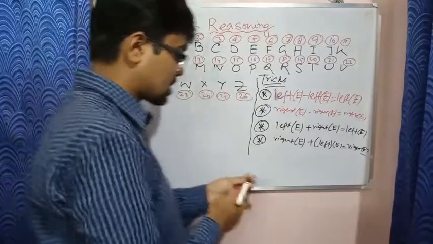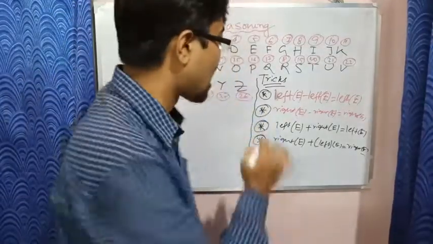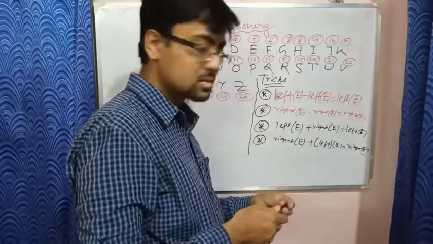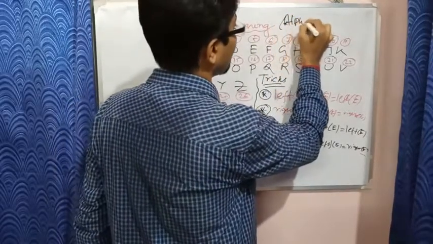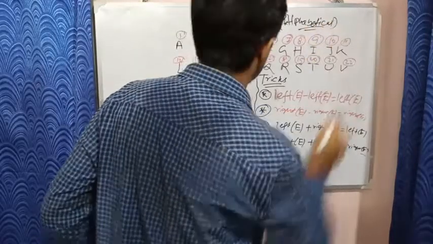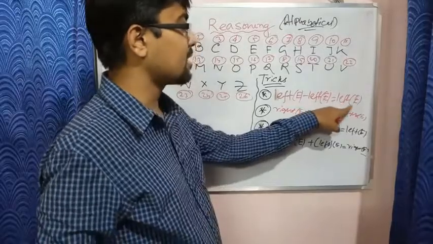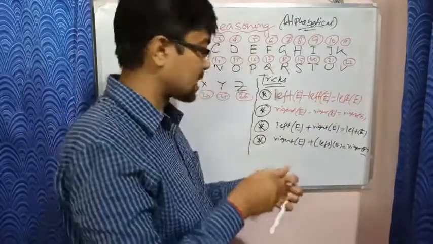So now I will discuss the concept of how these tricks work in the examinations on the basis of alphabetical series. Now listen very carefully. Left element minus left element is equal to left element. It is very clearly understood.